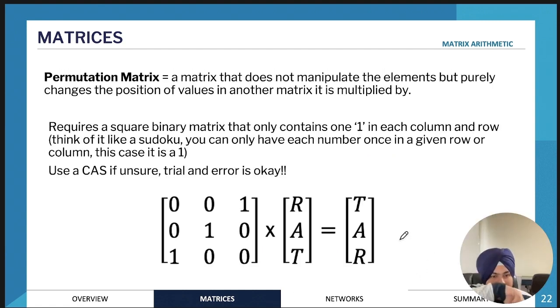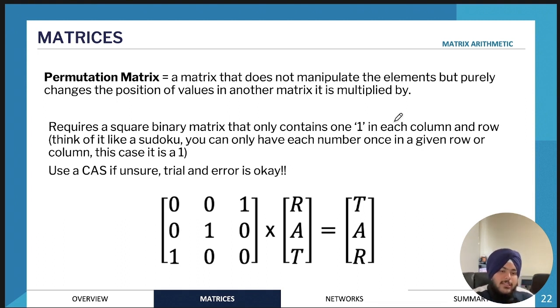Okay. So now we'll talk about permutation matrices. Like I said, permutation matrices are really important in the course. The main use of permutation matrices in matrix arithmetic is usually to manipulate a particular matrix without actually changing the elements.